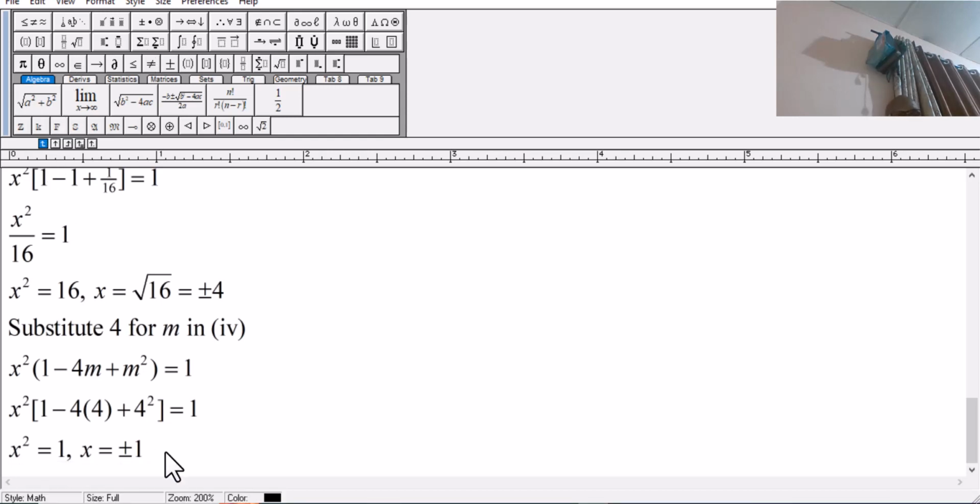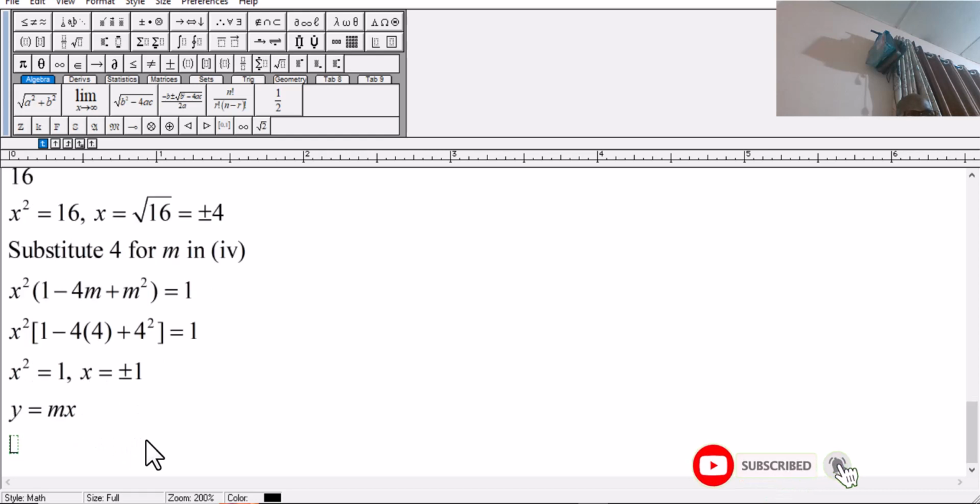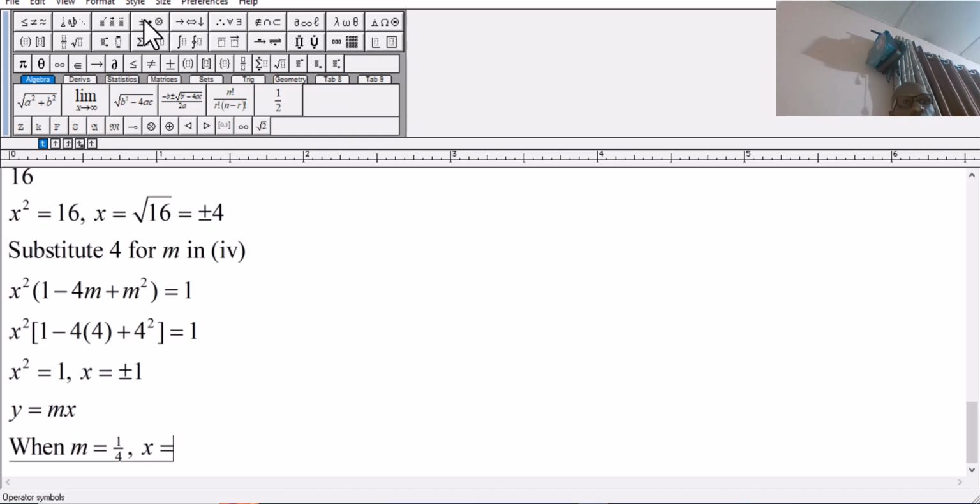Now we have gotten the values of our x. So it's easy to get the value for our y. So our y, which is equals to mx. So we can now put these values into this equation. So when m is equals to 1 over 4, your x is equals to plus or minus 4. Plus or minus 4.